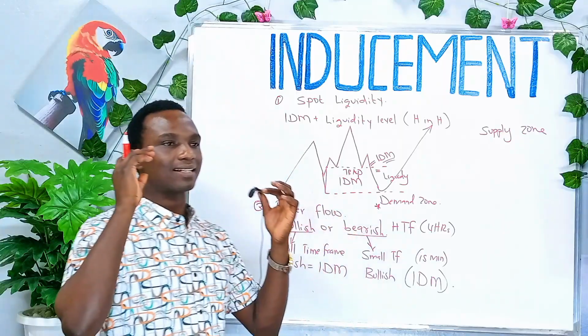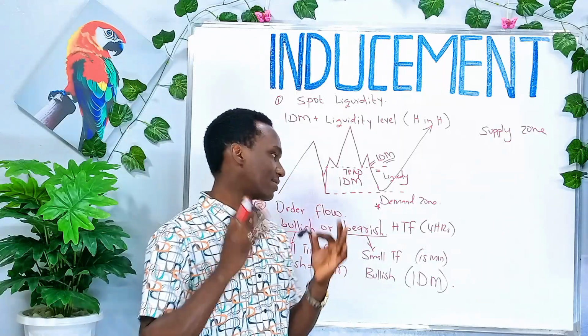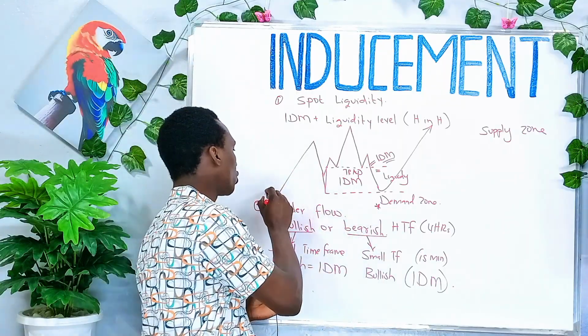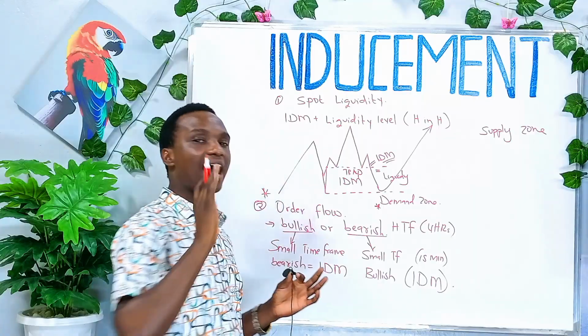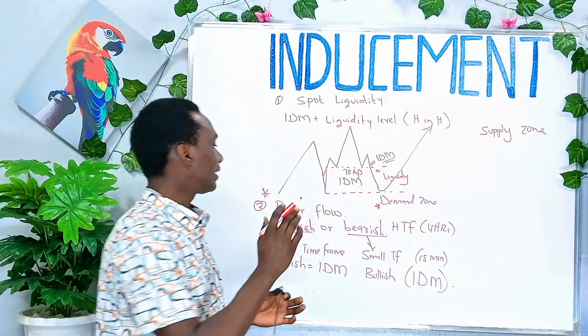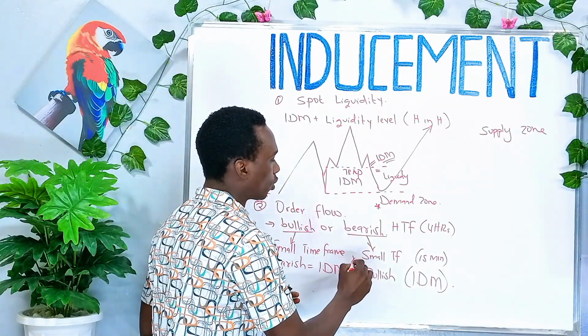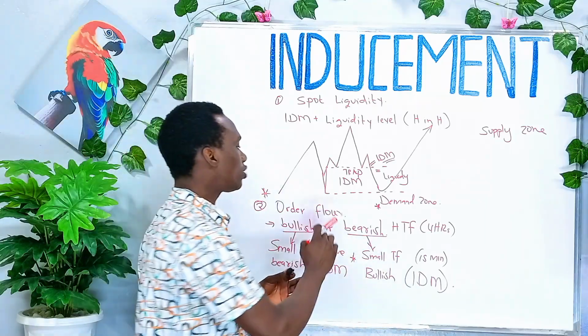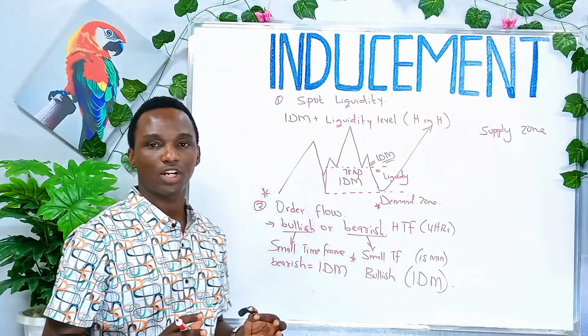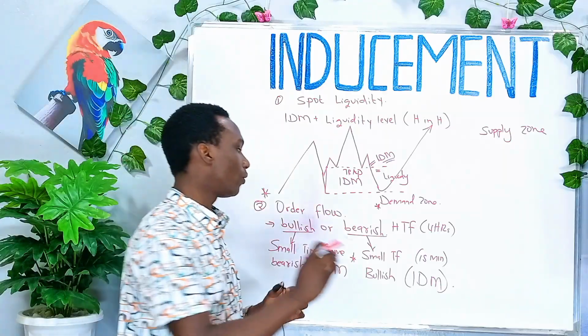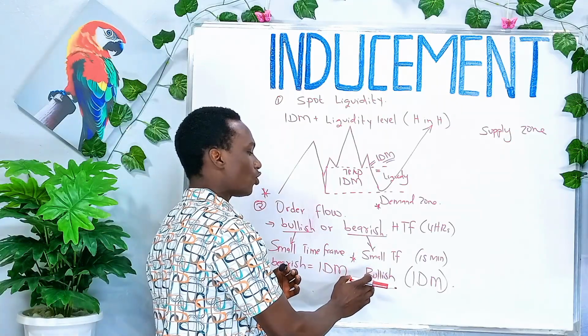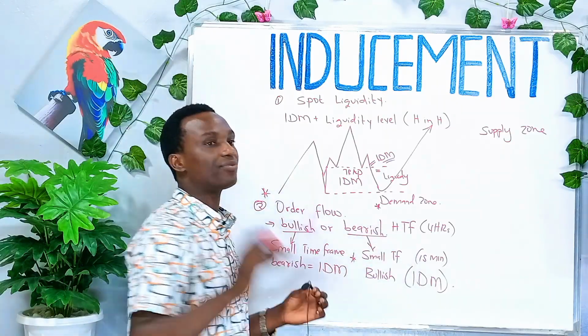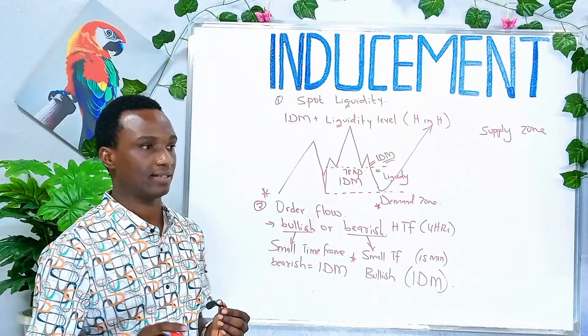It is as simple as that. Know your order flow from the higher time frame and look at the order flow of the lower time frame. If the two do not match, the order flow that is forming contrary to the larger time frame could be inducement.